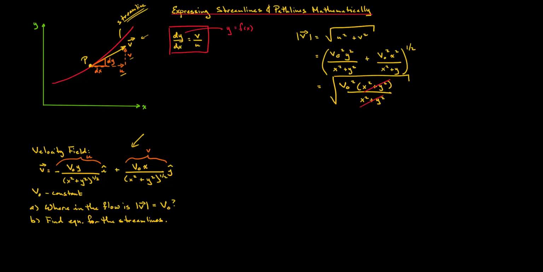Now, as we can see, x squared plus y squared cancel out, and so we find that, in fact, the magnitude of the velocity is v naught everywhere in the flow. So what we could say is that the speed of the flow is v naught everywhere. And this is only for this particular velocity field representation.